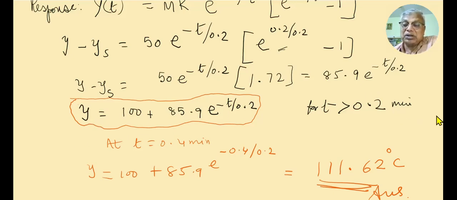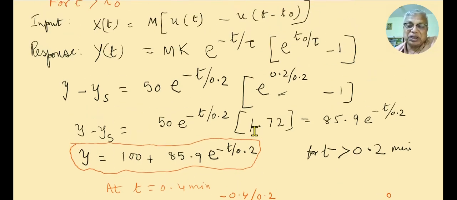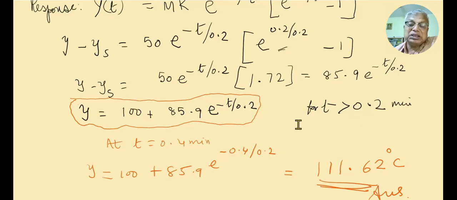For example, let's say you calculate y for t equal to 1.5, and then also for t equal to 1.8. If you find there is no significant change in y between these two values, you can stop.